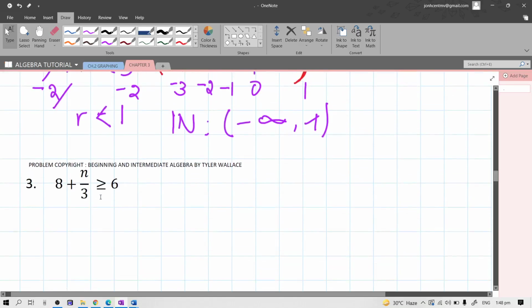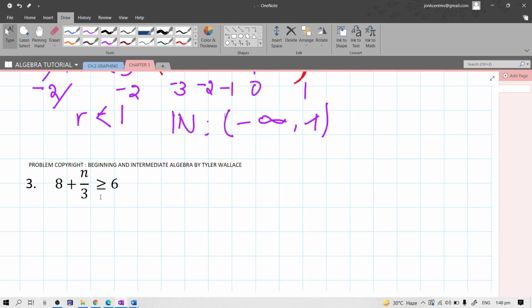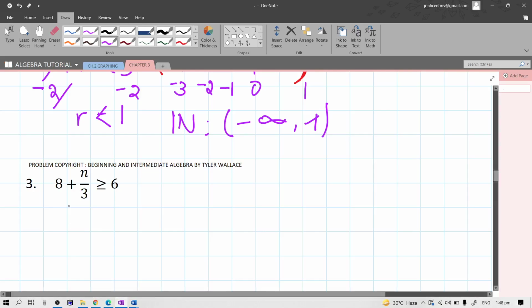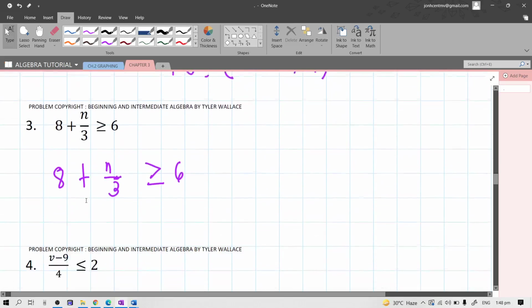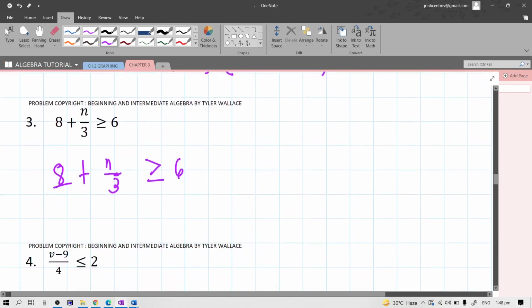Okay? Next, problem 3. 8 plus n over 3 is greater than or equal to 6. So, what will we do here? Ganun pa rin. We have 8, n over 3, 6. So, para ma-eliminate or matira na lang si n muna, hindi mo muna concern si 8, lagyan mo muna to ng denominator, multiplied mo kay 3.